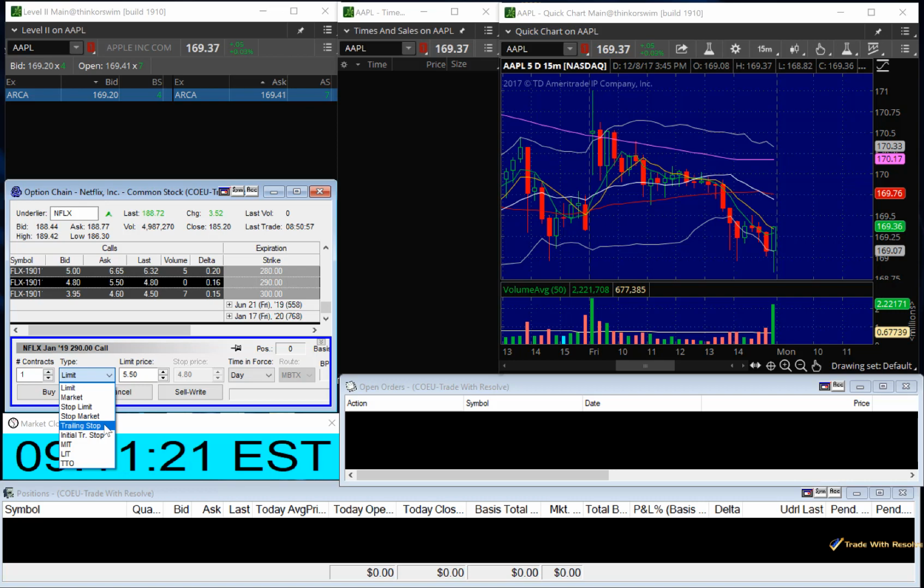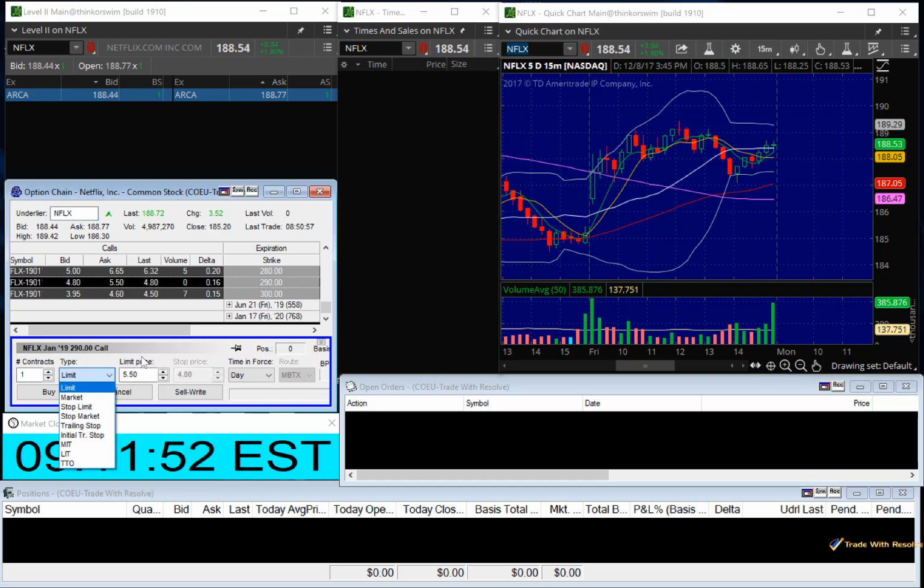So for example, let's say you want to set a trailing stop of 50 cents. As the price of Netflix in this case moves in your favor, your trailing stop will increase by increments of 50 cents basically. So again, with the trailing stop order, you can set a stop price at a fixed amount or you can use a specific percentage.